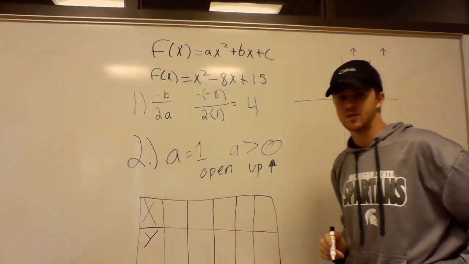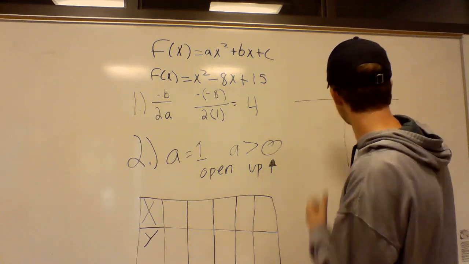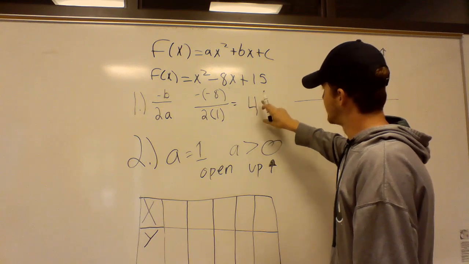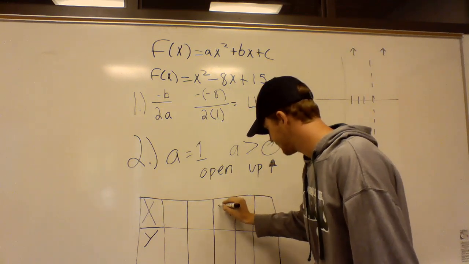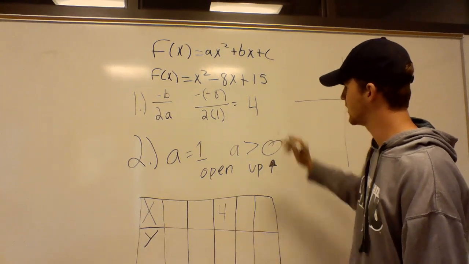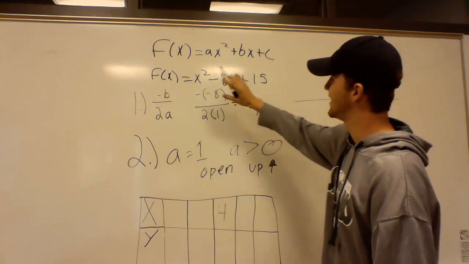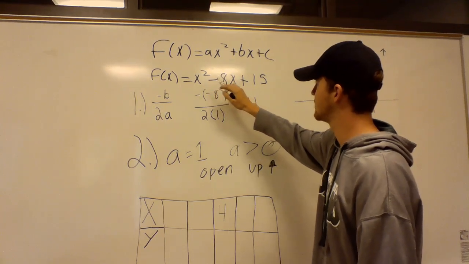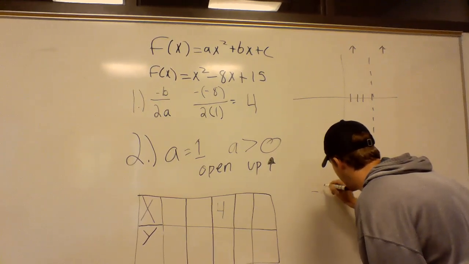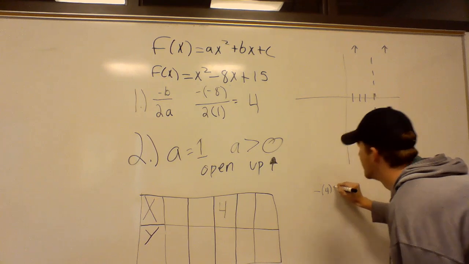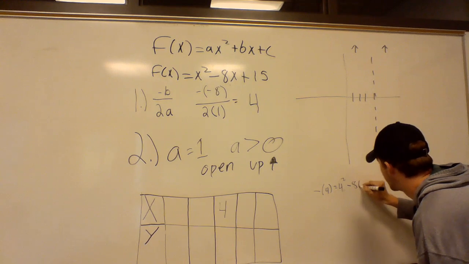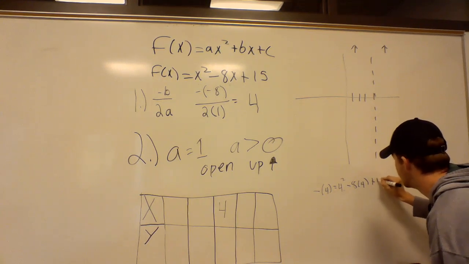Alright, let's head on to our third step now, which is finding points to finish up this parabola. Now that we know the x value of our vertex, we're going to plug that in right to here. To find the y value of our vertex, we need to plug 4 into our original equation of x squared minus 8x plus 15. So we're going to do f of 4, which equals 4 squared minus 8 times 4 plus 15.